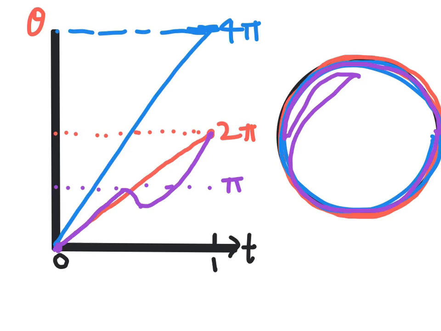So here's what we need to prove. Given a loop, I consider the associated angle as a function from the interval into just the real numbers.